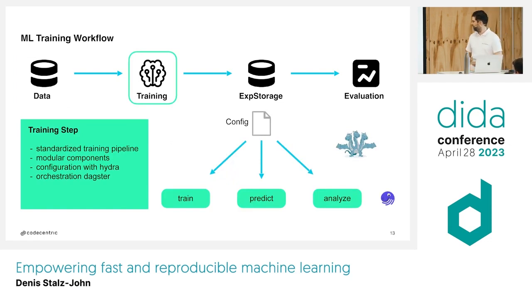The training I focus on a bit more, because I have an example here, and I think it's good to explain how we do it. When you see the training here, it's separated into 3 steps.